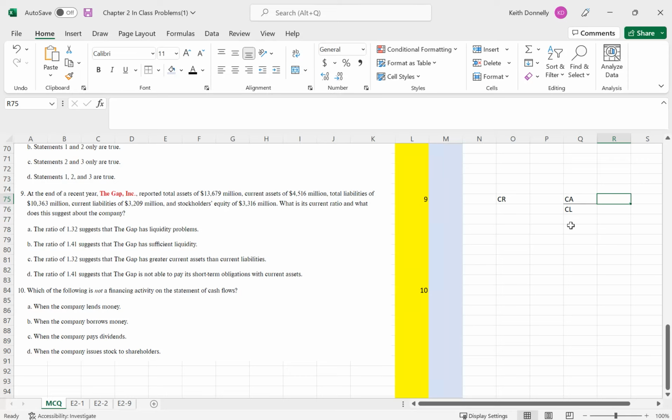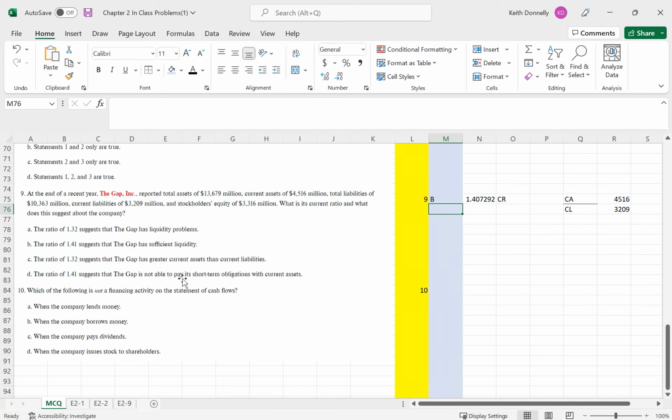It says at the end of a recent year, the company had total assets of 13 million, current assets of 4516, that's what we care about, total liabilities of 10 million, current liabilities of 3209. There we go. We filtered that to the appropriate numbers we needed. So we would do our current assets divided by our current liabilities. We're at 1.41 then. It's going to take us to B for the answer.